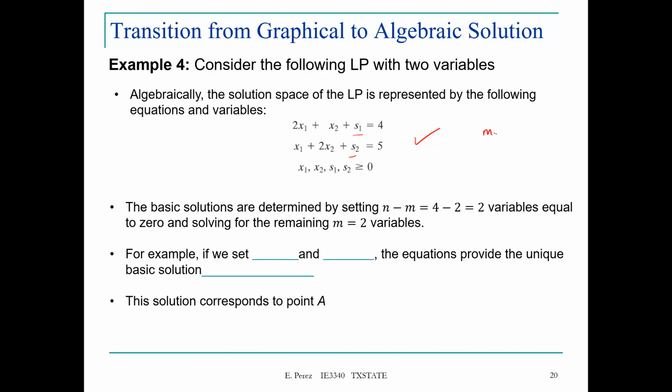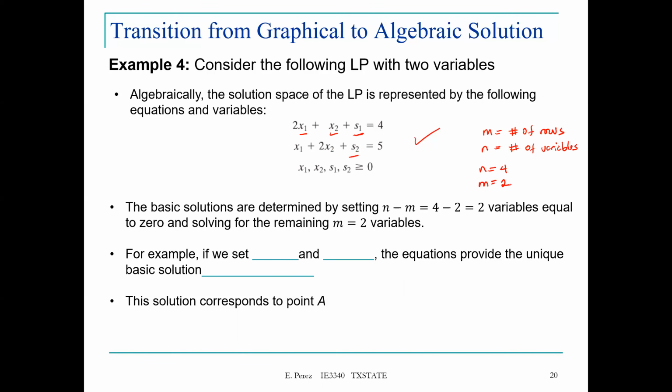So m, again, is the number of rows, and n is the number of variables. How many variables do we have? We have 4: x1, x2, s1, and s2. And how many rows or constraints? We have 2 constraints, so m equals 2.